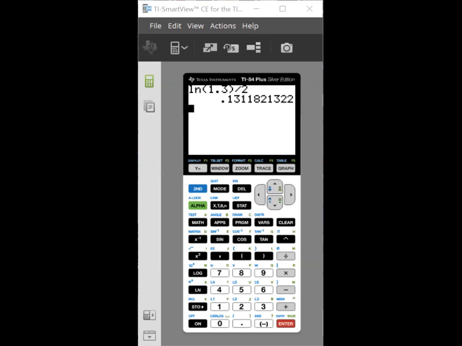So we replace the y on the left-hand side with the number 200. Next, we're solving another exponential equation. Divide both sides by 100. The left-hand side becomes 2 equals the right-hand side, e to the power 0.13118 multiplied by t.